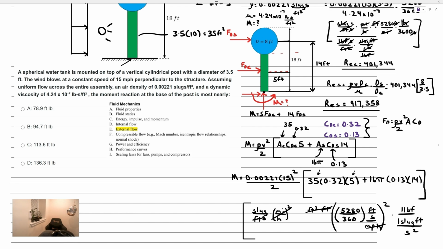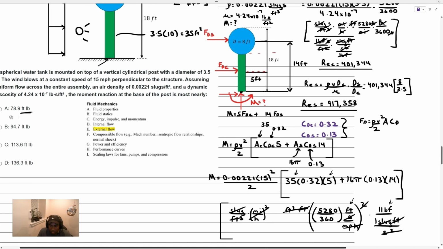So we end up with 1 foot here and a pound force here to finally conclude that the unit is foot-pound force. That is the correct unit that we're looking for over here.